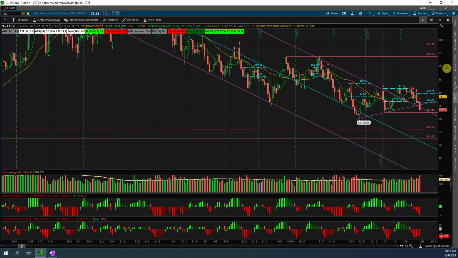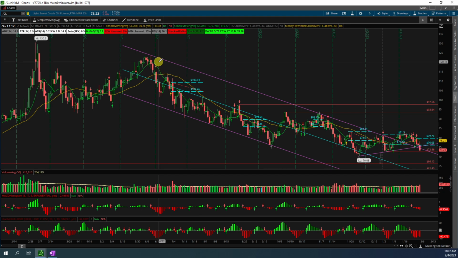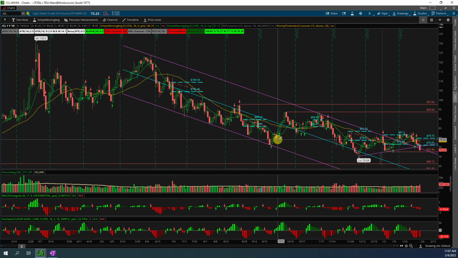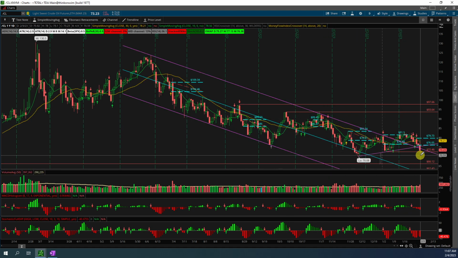And if you look at the channel that I have here, which has been connecting all of these points, we tried to get away from it, but now we are below the higher level of this channel. So not good news for crude, for CL or USO.